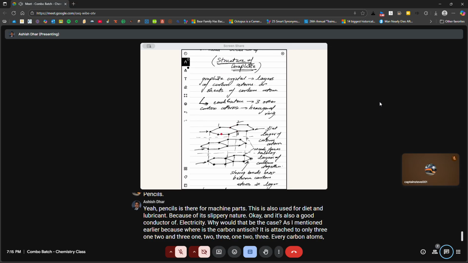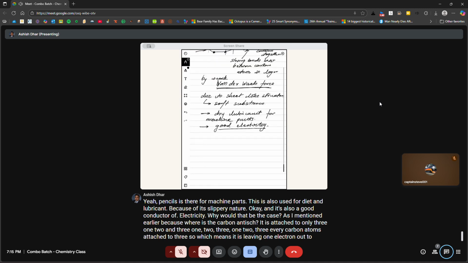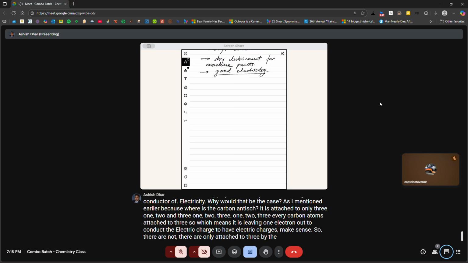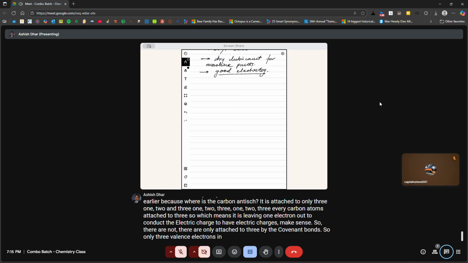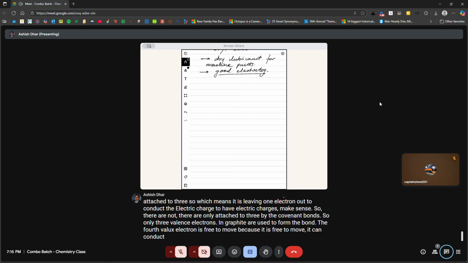Every carbon atom is attached to three, so which means it is leaving one electron out to conduct the electric charge. Make sense? So they're only attached to three by the covalent bonds. So only three valence electrons in graphite are used to form the bond. The fourth valence electron is free to move. Because it is free to move, it can conduct electricity.